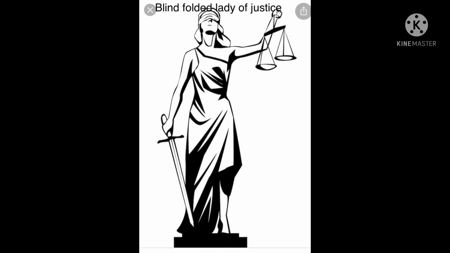So whenever there is a court of law or a lawyer, they put up this picture in their office, just to show that the law is equal for everyone. Even if the eyes are closed, the law will be equal. There will be no partiality.